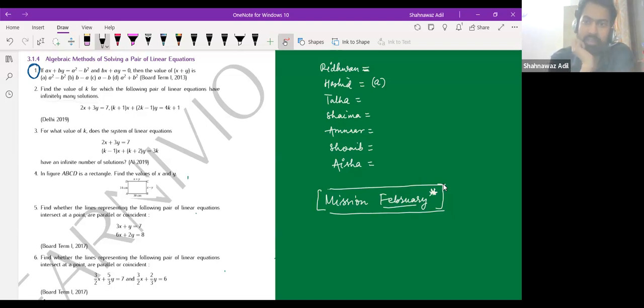Yes, only Ashit has got the answer, guys. What is happening? Are you still finding it?